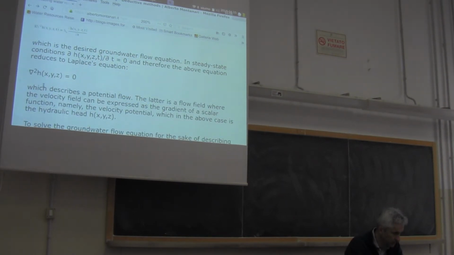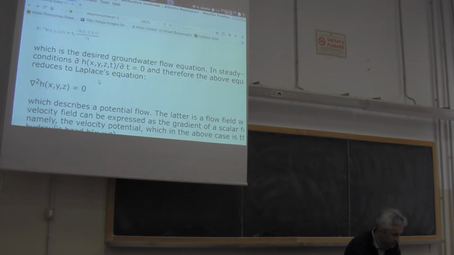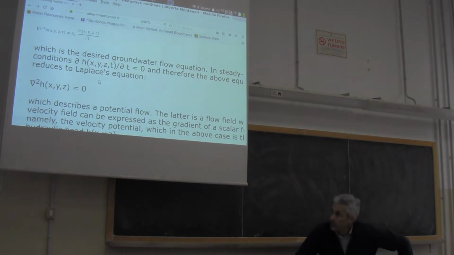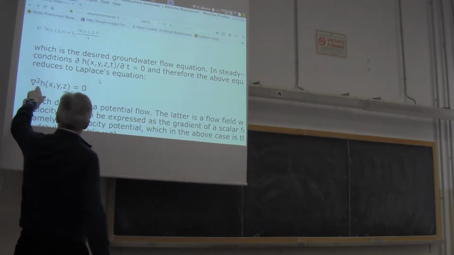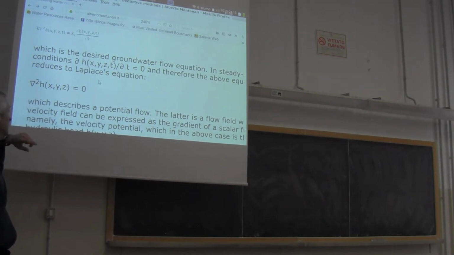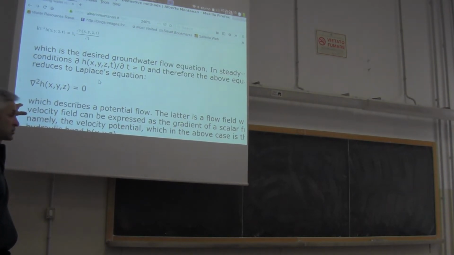And therefore we obtain the equation that we see here. Nabla squared of the hydraulic head is 0. And this equation describes a potential flow.